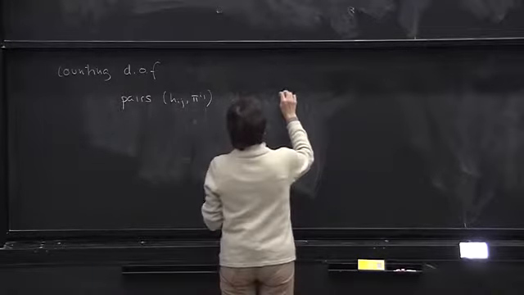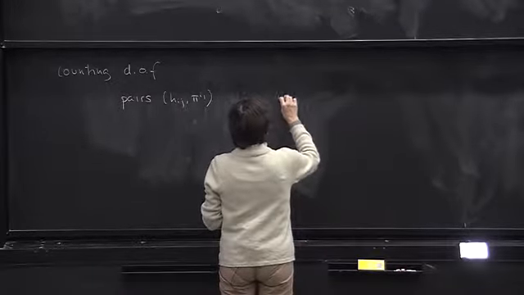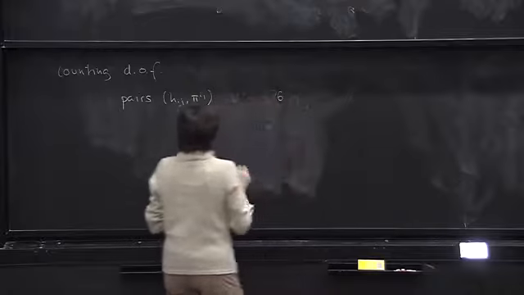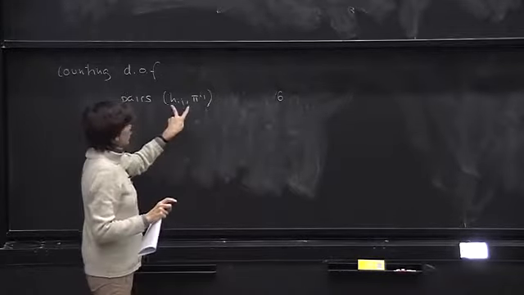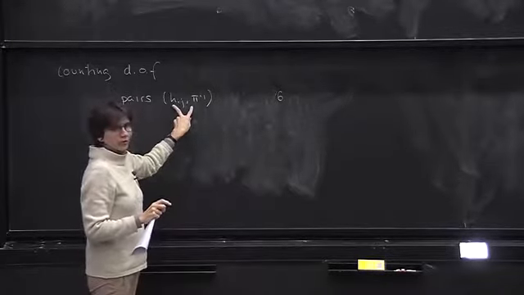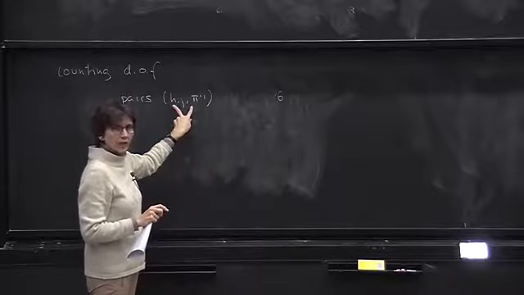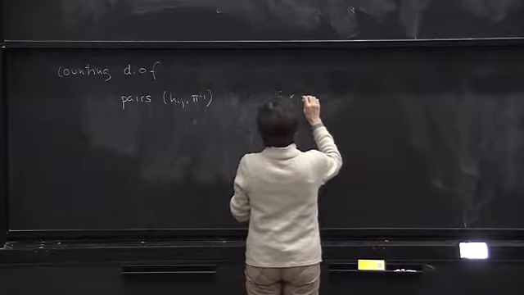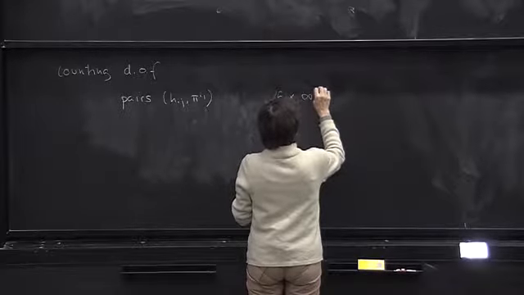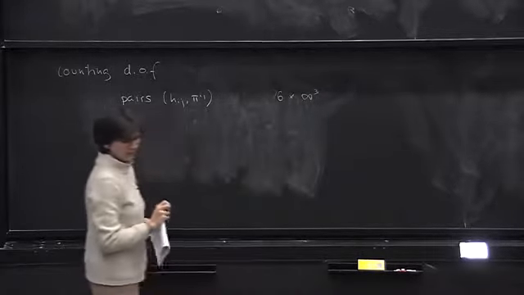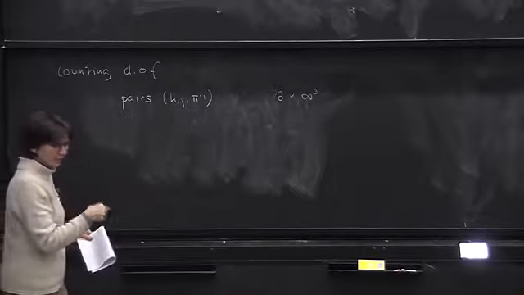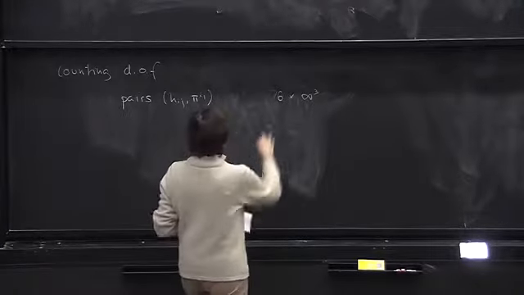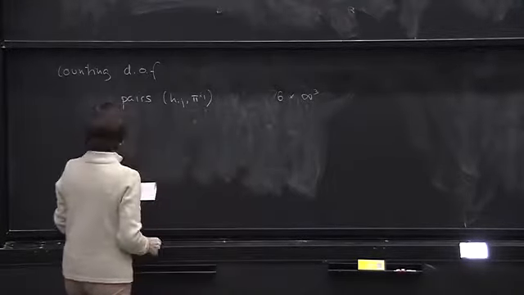Now, these constitute 6 degrees of freedom in the sense of being 6 pairs of phase-space variables. I mean, 6 times infinity cubed, because I'm doing that for every spatial point x.